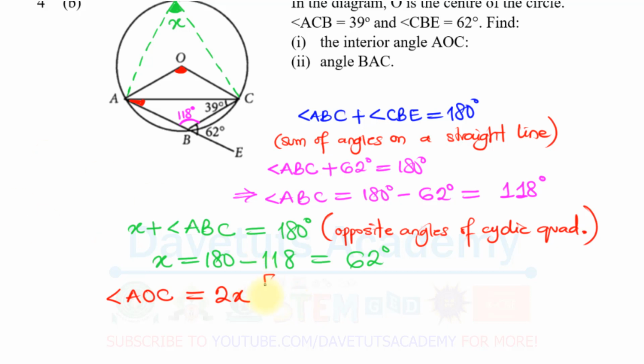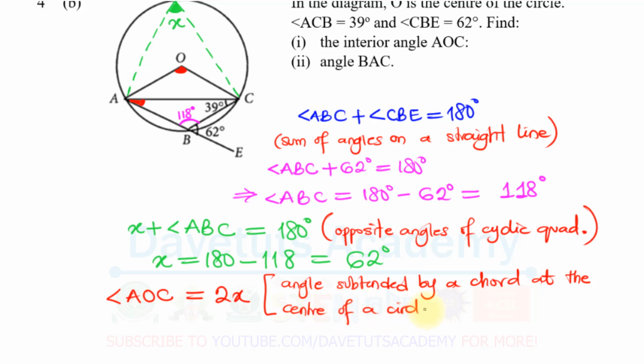It is because the angle subtended by a chord at the center of a circle is twice the angle subtended at the circumference. This is just the theorem that we need to know for us to be able to solve this particular question.